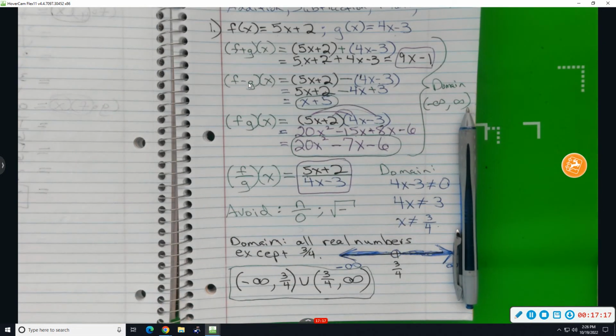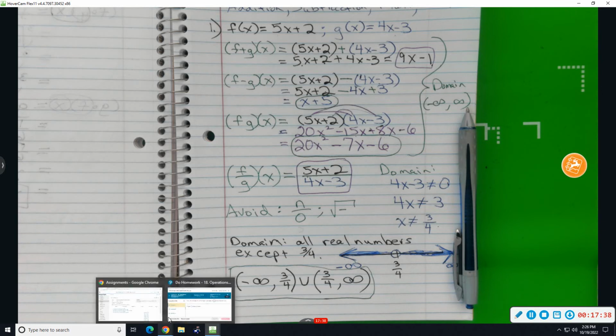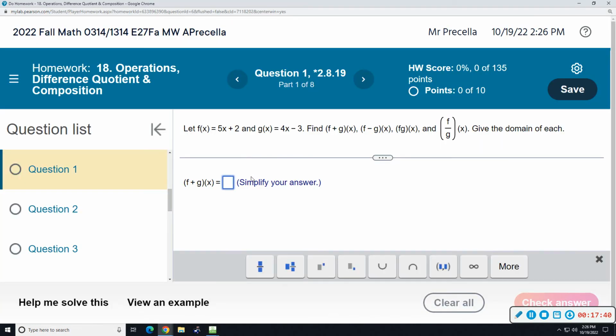F plus G, F minus G, F times G, F divided by G. The domain for F plus G, F minus G, and F times G is all real numbers. For the rational function, the quotient, you can't let the denominator be 0. Write it using interval notation. That's the longest problem in the assignment.